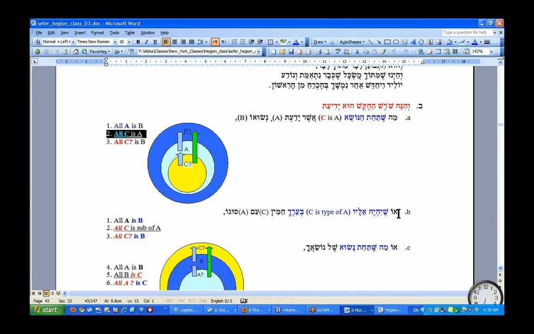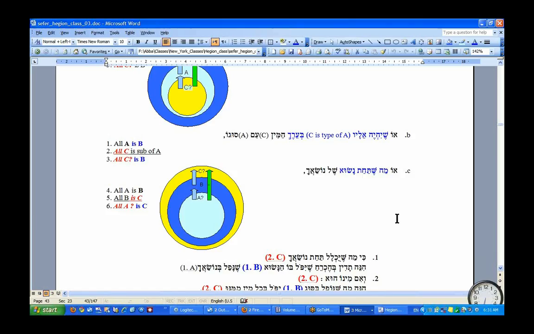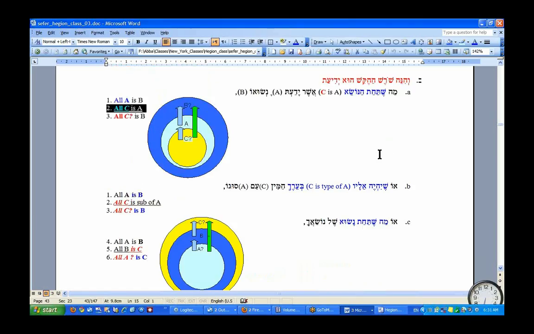Or it's going to be in the nose as a min, as a type in its class. Or, the third possibility, shetachas nasu shel nasuecho, it could be something that is included in the predicate. Okay, so let's get what he's trying to say here.